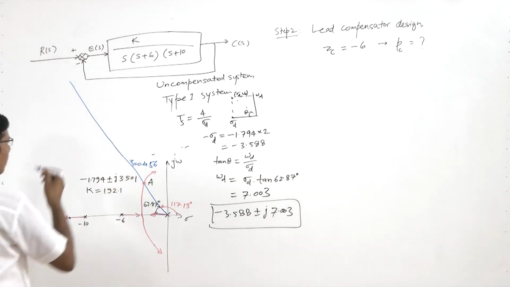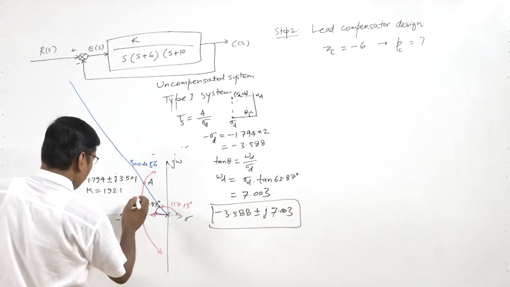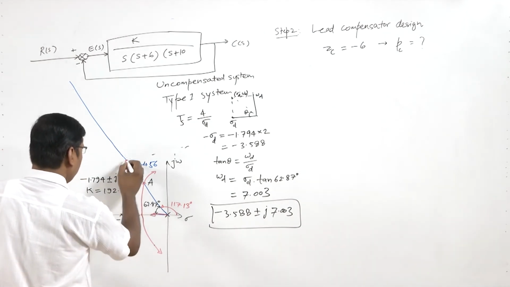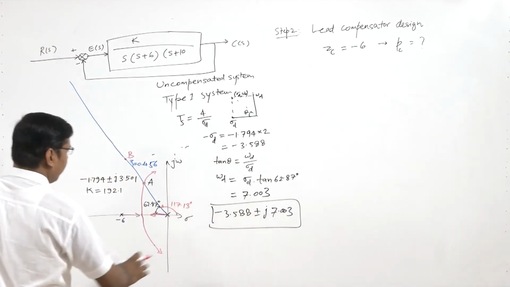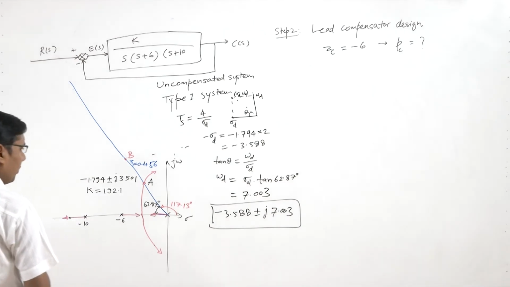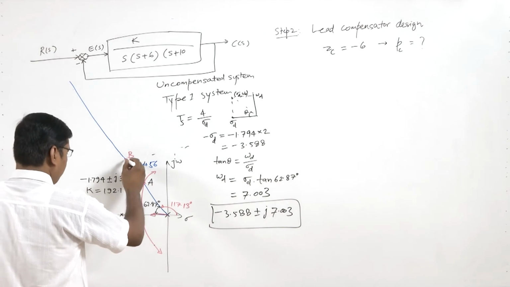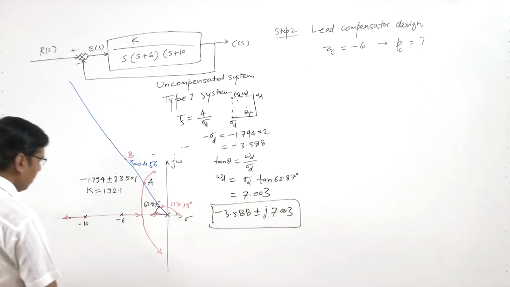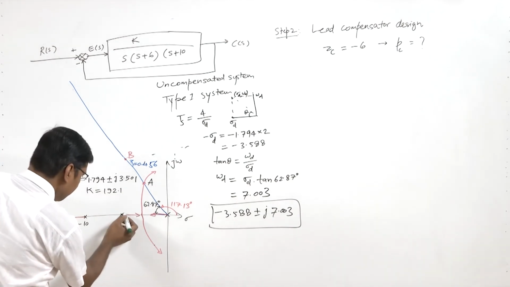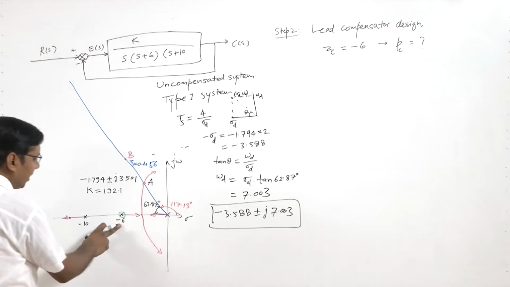This is the damping line, and our point is here somewhere, that is point B, minus 3.588 plus j 7.003. So we located a 0 here, that is ZC, and there is already a system pole here.